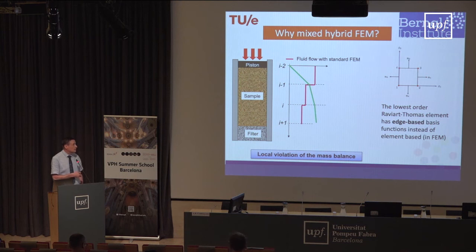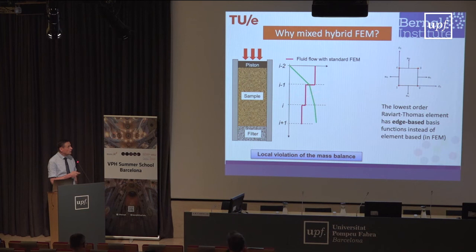The simplest one you can think of, which forces a local mass balance to be true, is of this type. In 2D, you simply have a square element with the unknown displacement on the corners, and you account for the flux through each of the sides, the edges, as degrees of freedom on top of the displacement.